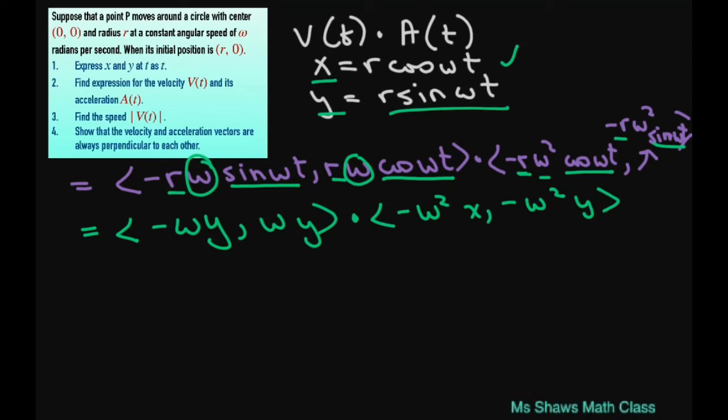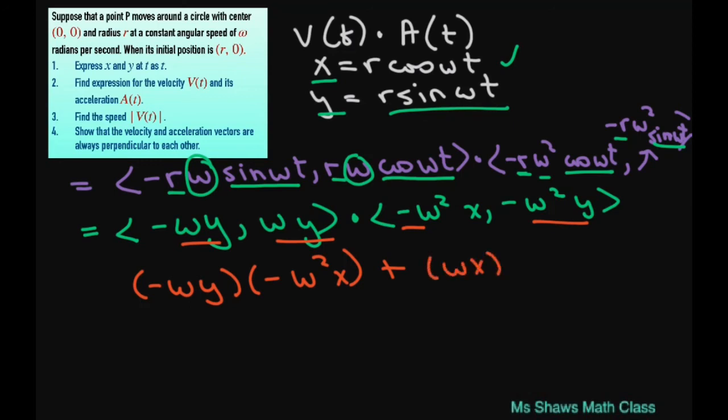All right, now let's go ahead and apply the dot product. For these two, you're going to get negative omega y times negative omega squared x, plus, for these two, omega x times negative omega squared y.